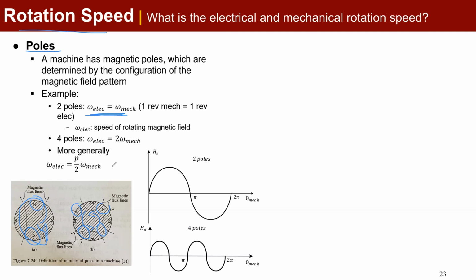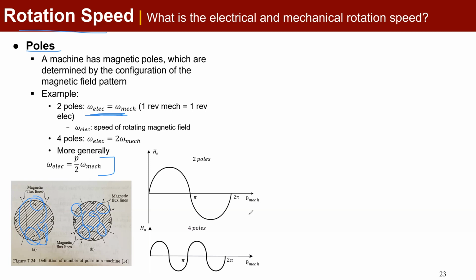So more generally, the equation is this. The frequency of the electrical rotations is equal to the poles over 2 times the mechanical frequency. I find this diagram to be a little more helpful than my explanation.